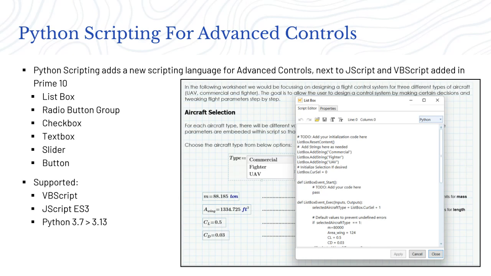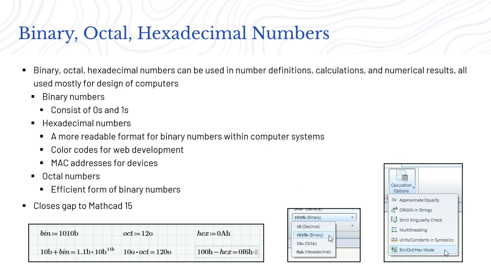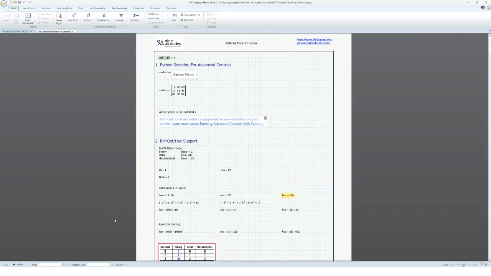Okay, so that was something about the advanced controls. Our next introduction is the use of binary, octal, and hexadecimal numbers. Also, this introduction originates from the original Mathcad 15, and I will show how it works.